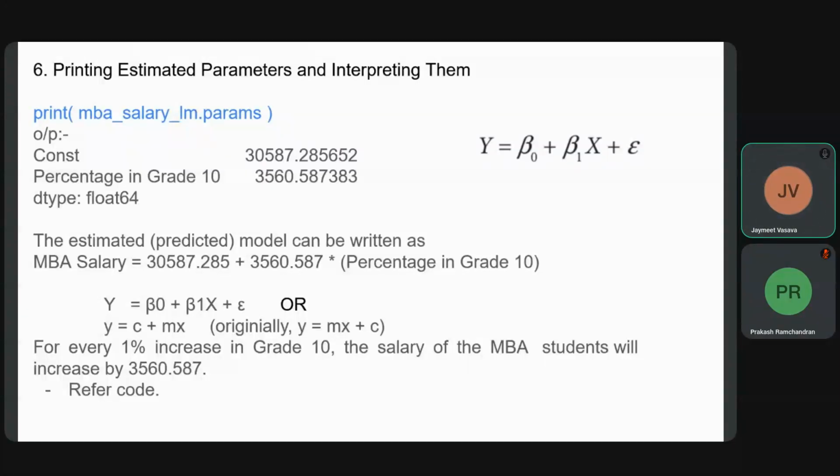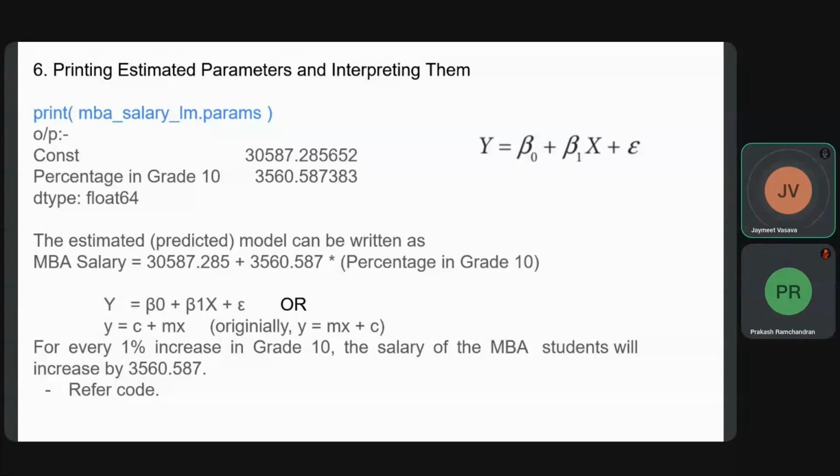Now, printing the estimated parameters and interpreting them. When we print the parameters of mba_salary_lm, this is the kind of output that we get.